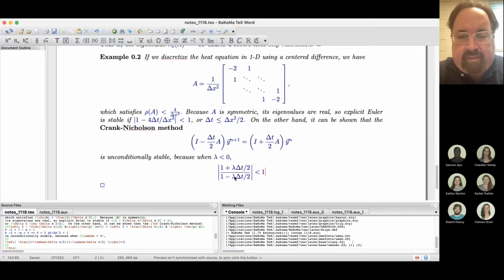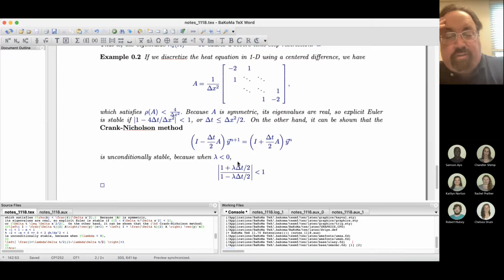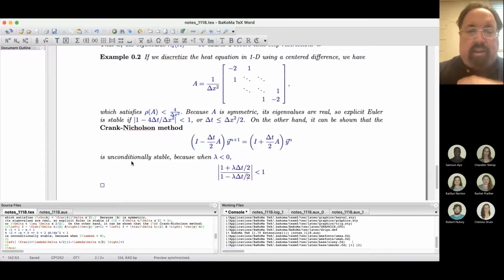The reason is that because lambda is a negative real number, that makes this denominator larger than what we have here. It can also be shown that as delta t gets larger, this fraction converges to -1, and it converges from below. So it still satisfies this inequality. Because this is true regardless of delta t, that's how we get Crank-Nicolson being unconditionally stable.